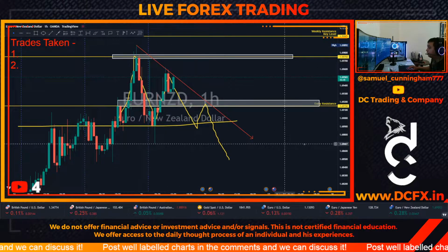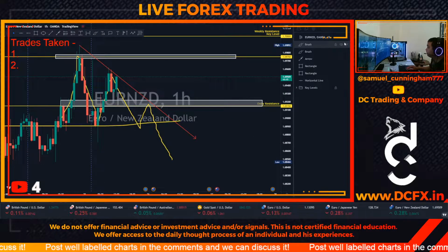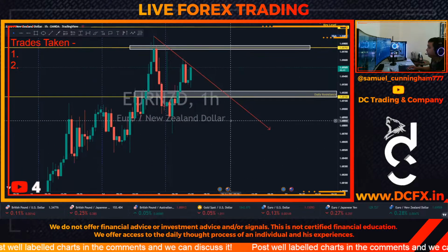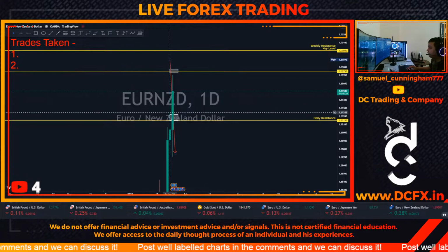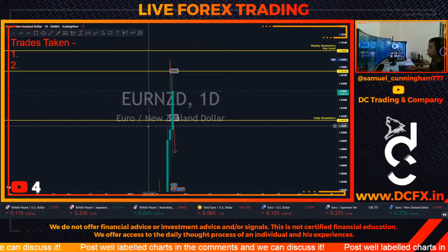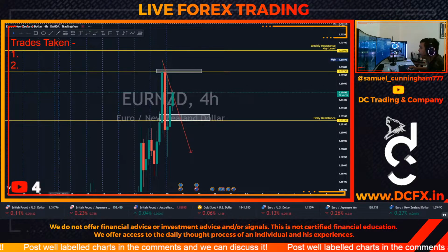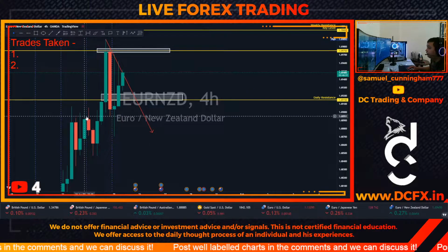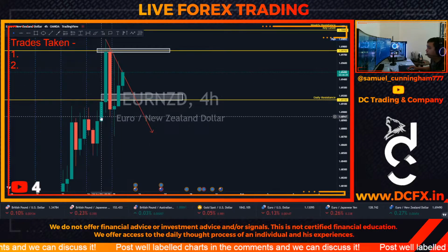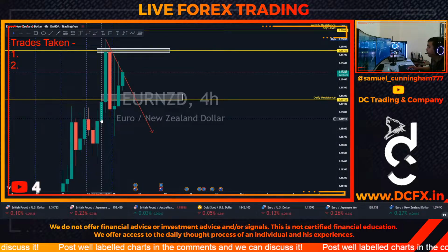Alright, you all can ask me if you want me to break anything else down. I'm just looking at this from a plain price action point of view. If the previous daily rejected it so hard and we haven't broken the previous daily high, then we are most likely to break the previous daily high if we continue bullish. But if we start coming down, then we're gonna have to start rethinking.